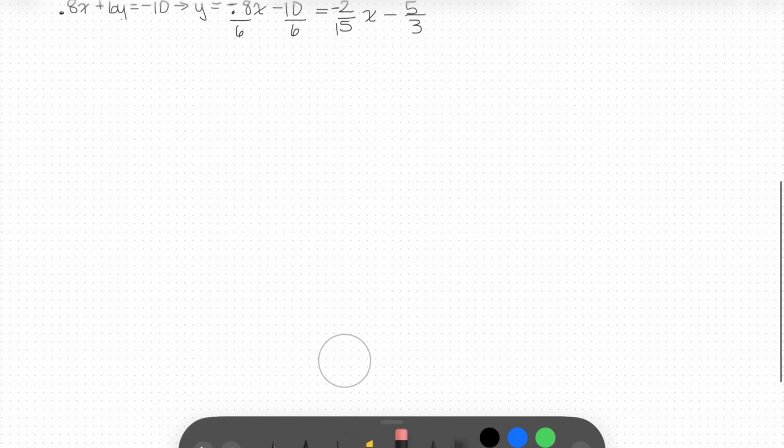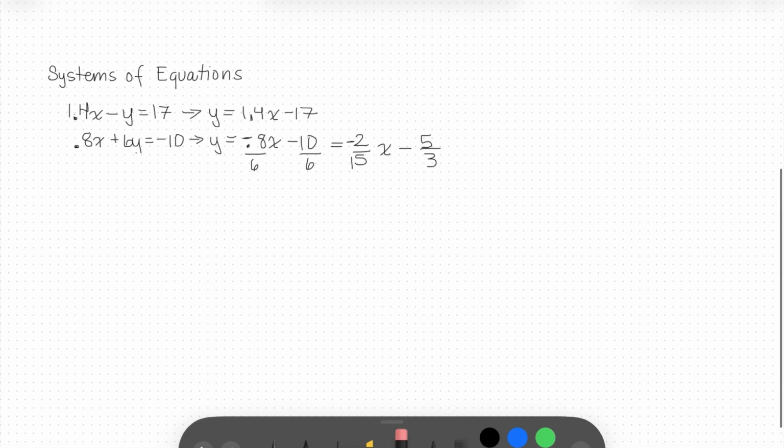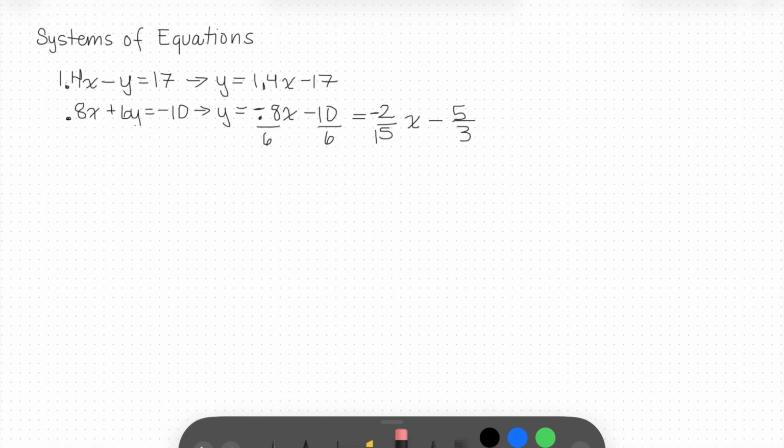Now I'm just going to keep looking at the same system, just to review the ways that we can solve this. So the other one that I want to look at is the linear combination, is what it's called.